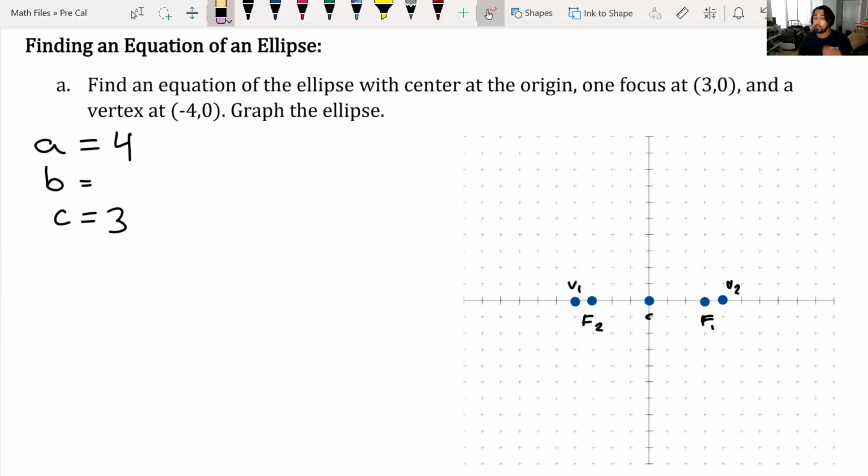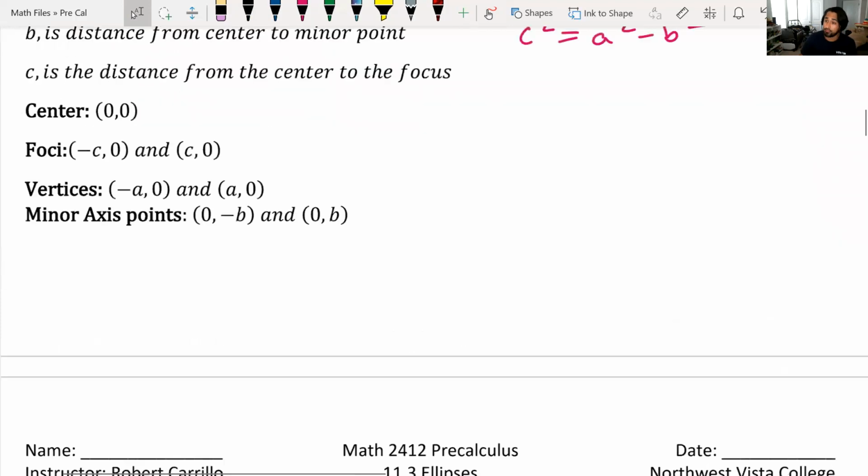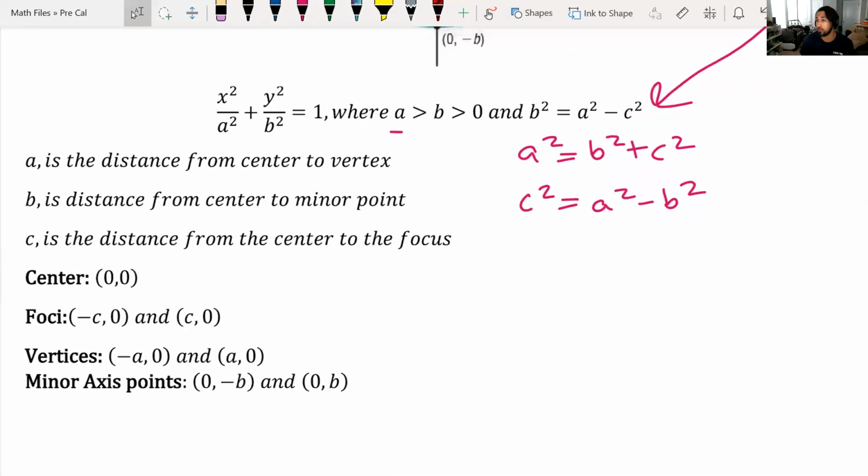Let me erase this, let me erase that. And now all we need to do is find the minor points. So remember, to find the minor points, we need to find the value of B. So let's go ahead and find the value of B. And we'll use the formula that we have above, the Pythagorean theorem. So to find B, it's B squared equals A squared minus C squared.